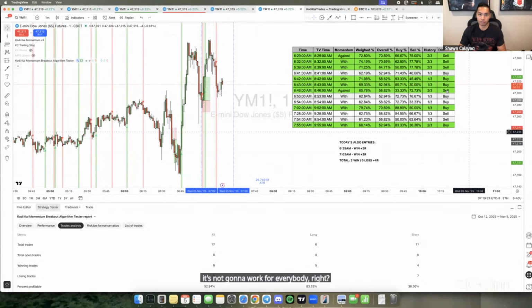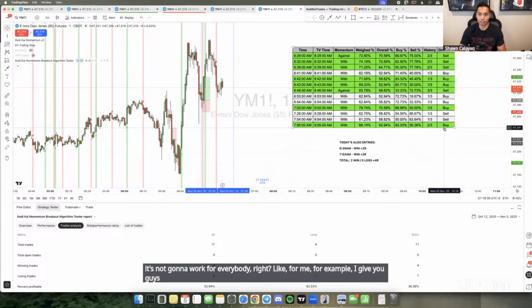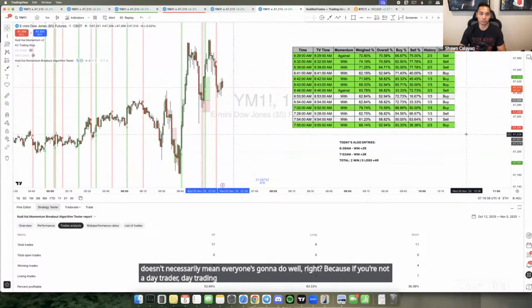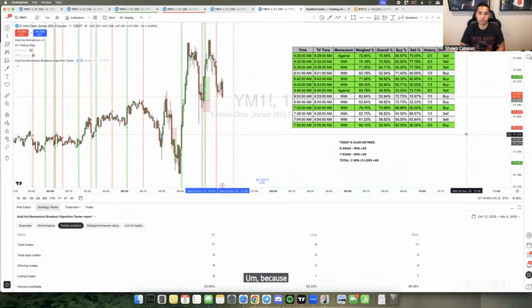For me, for example, I give you guys the exact strategy that I'm using here for every entry I take. Doesn't necessarily mean everyone's going to do well, right? Because if you're not a day trader, day trading strategies are not going to work for you. If you're not a swing trader, swing trading is not going to work for you. If you don't like to trade momentum, it's not going to work for you, even though the strategy is proven and it works, because it doesn't fit your trading style or preference.